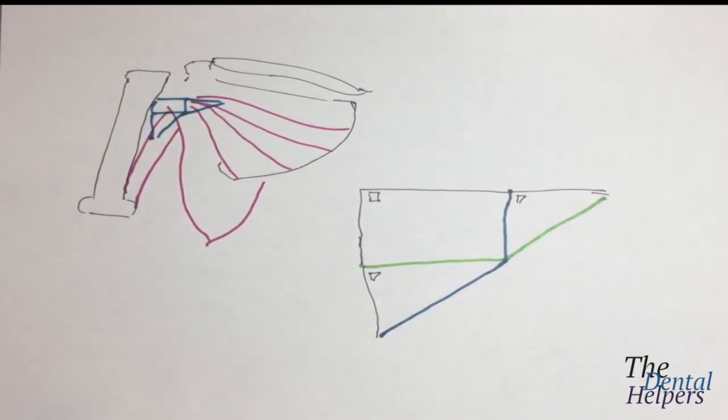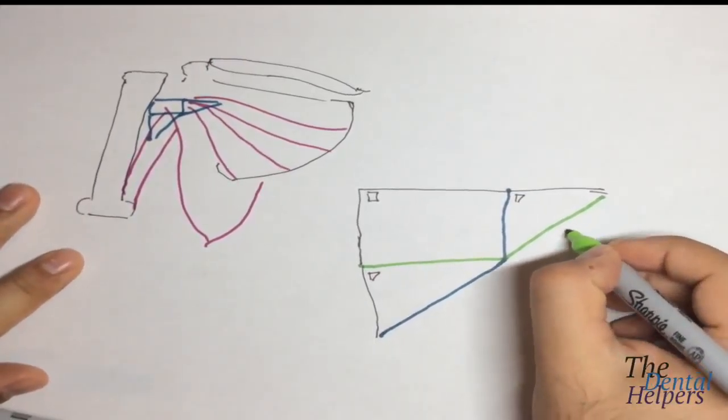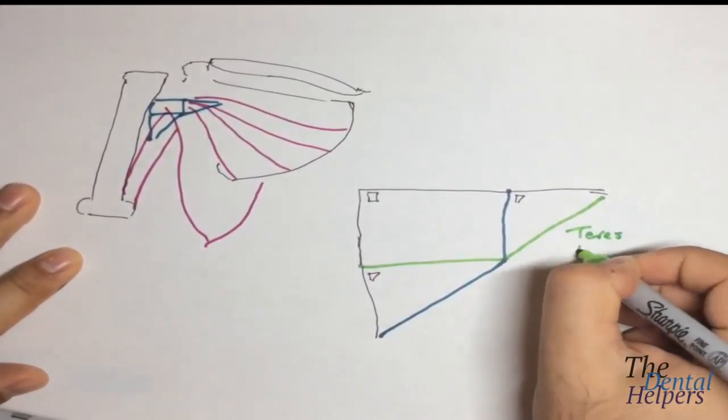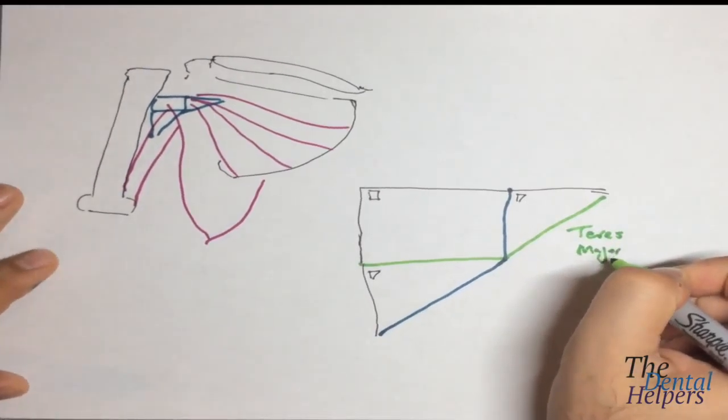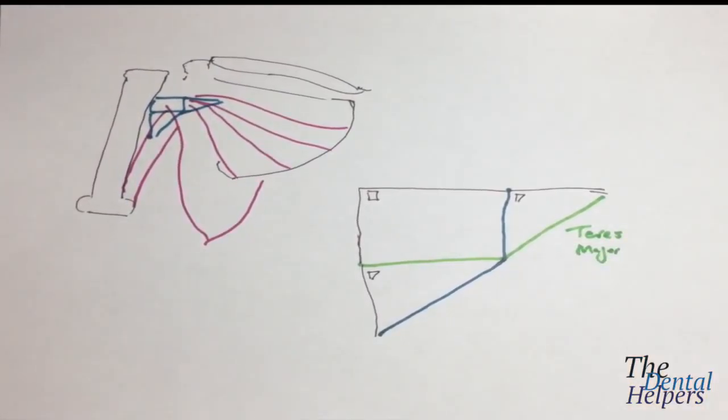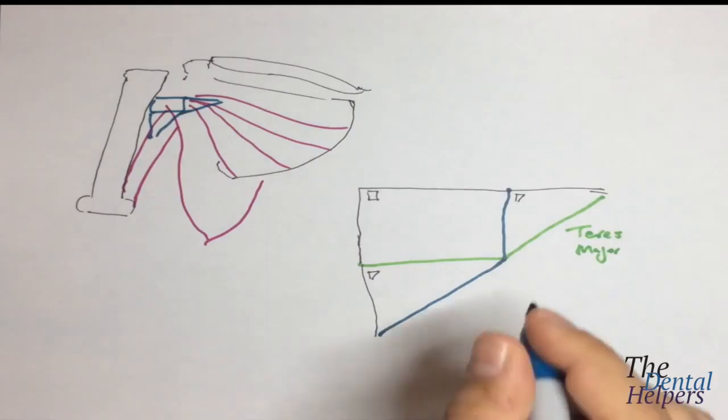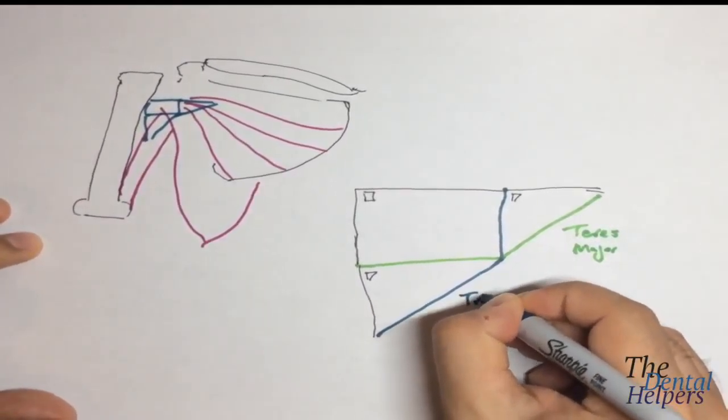So we have our first one, which is our teres major. And then right here we're going to have the triceps long head.